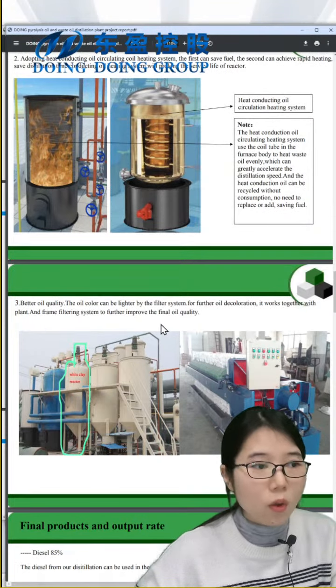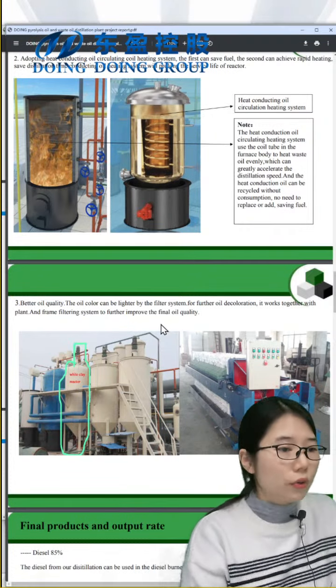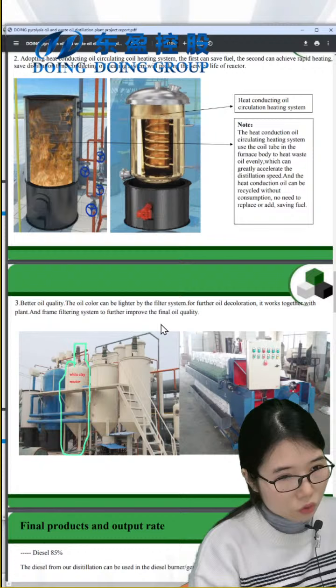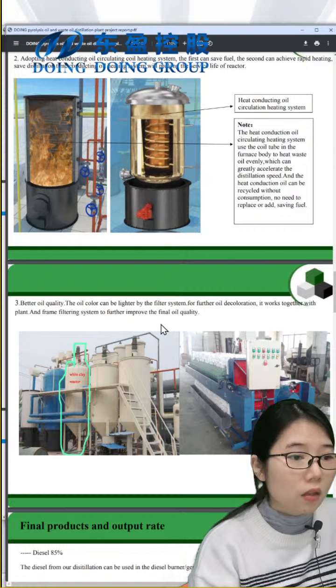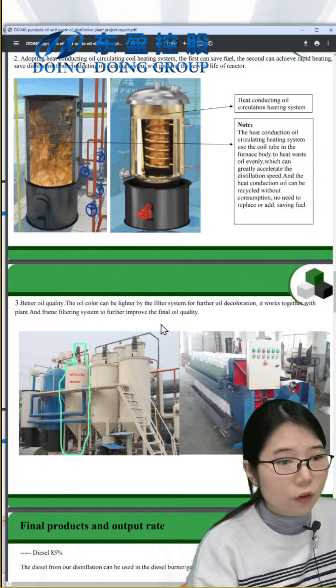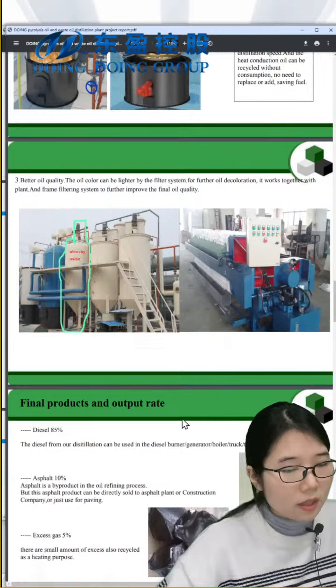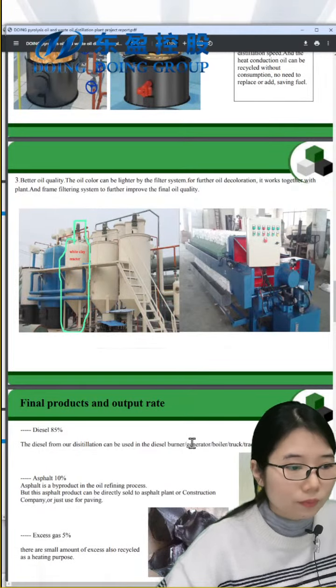And if you want better oil quality, you can also add the oil filter. The oil color can be made lighter by the filter system. For further oil decoloration, it works together with the plants. Finally, you will get light yellow oil.